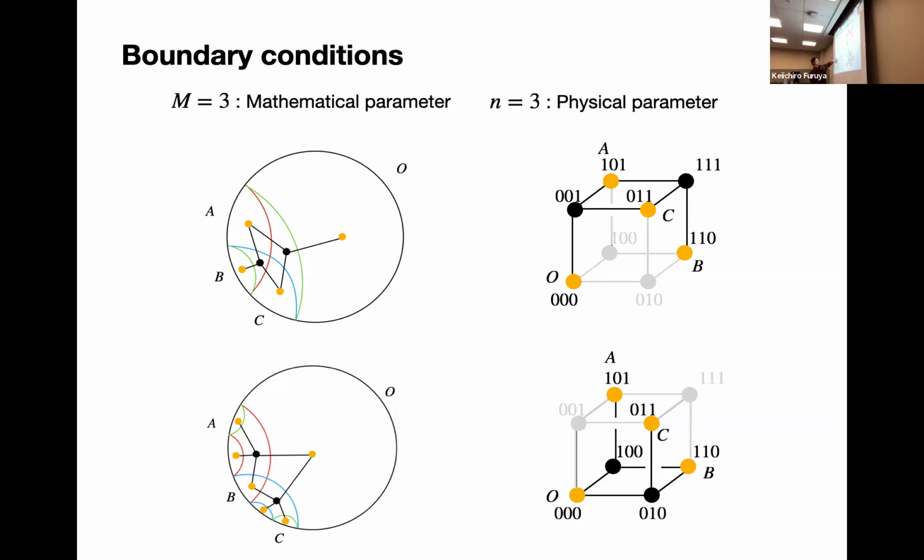Once you fix the boundary subregions, the RT surfaces are fixed. So if you have different boundary subregions, maybe you can move C and A slowly. Wait, I think the number of vertices are not the same.